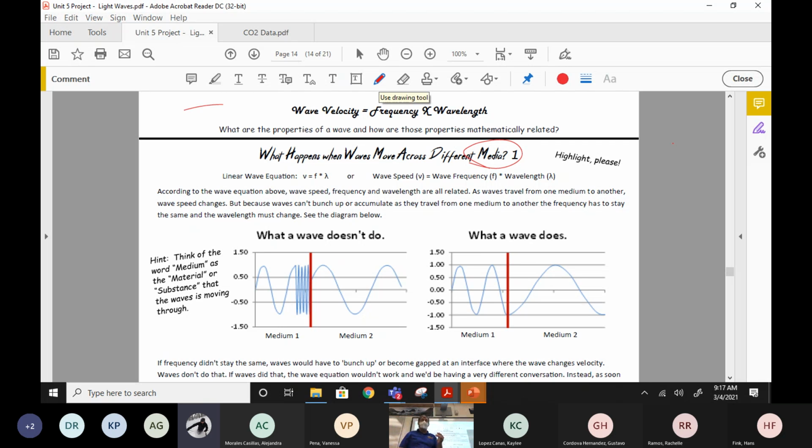So what happens when light goes through different media? Like when the light goes from the air to this plastic prism, what happens to those light waves? That's what we're talking about, huh? Or here's another example. Imagine back in the day when you were a little kid and you went down to the lake and you put a stick in the water.